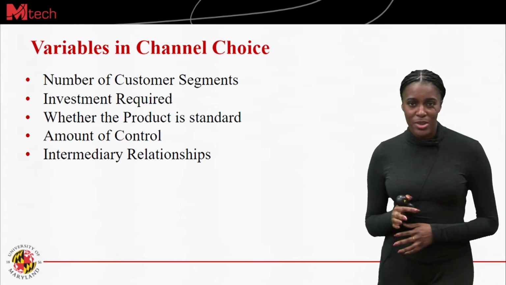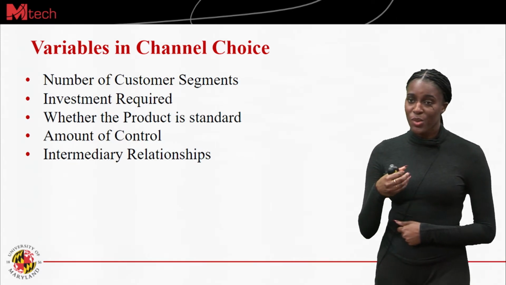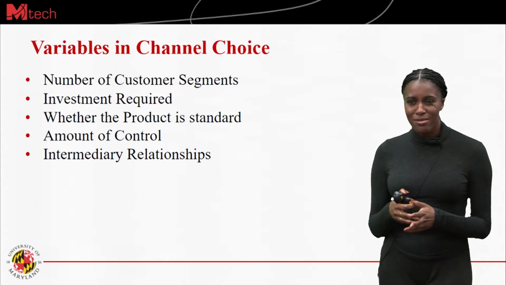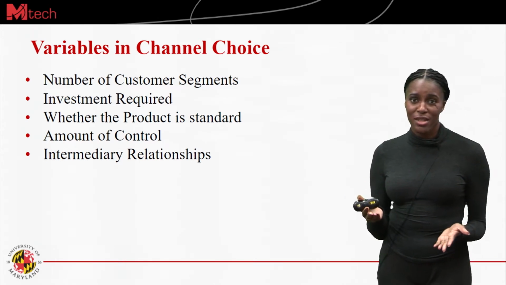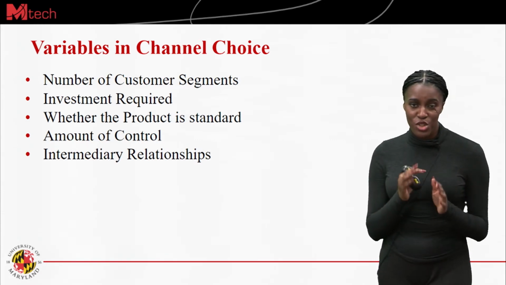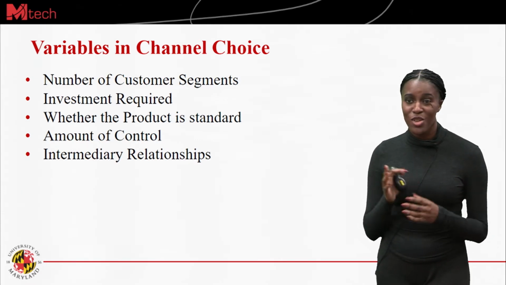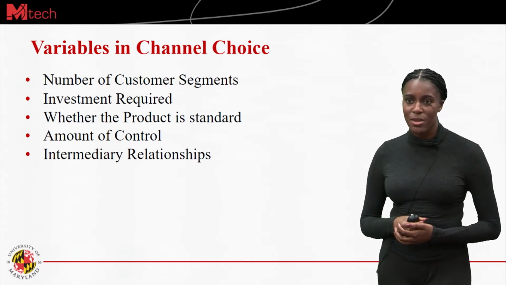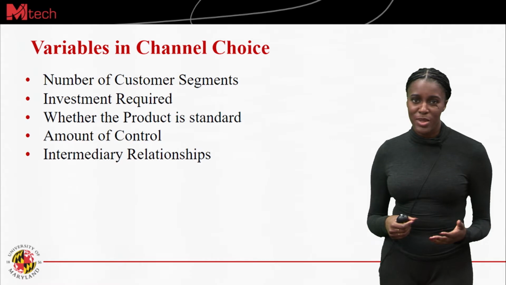Now, some of the variables that come into play when you have to decide what's the best channel strategy for you is, one, how many customer segments are you solving? Maybe you only have one and you can choose one specific channel to focus on, or maybe you have a variety of customer segments and you need different ways to interact with them. Also, the investment required.